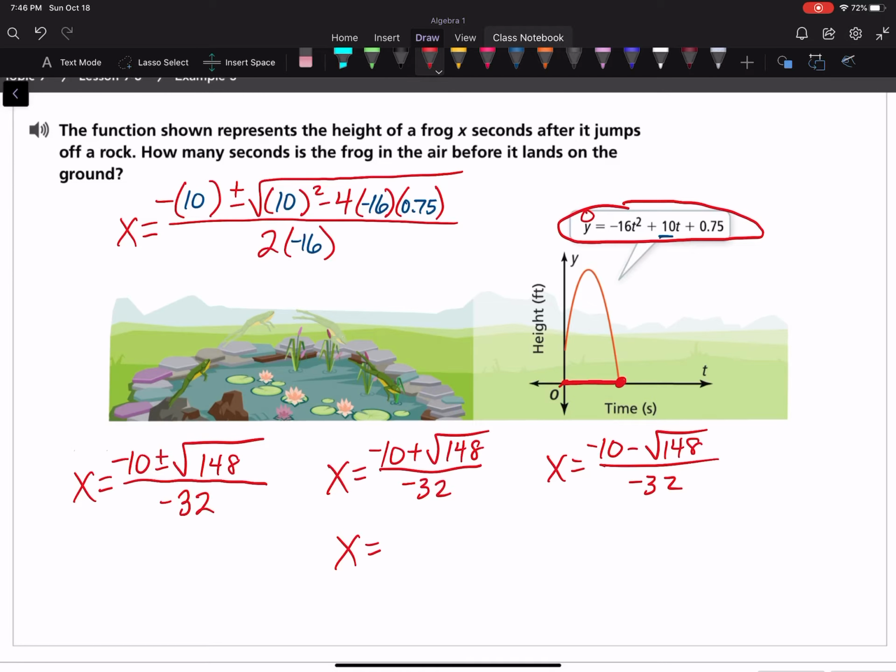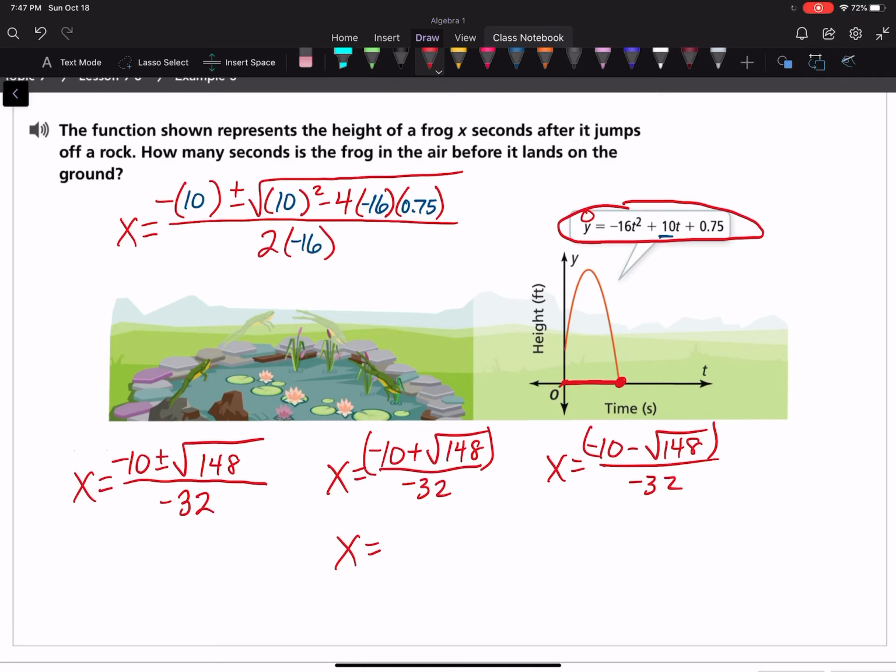So if you put that first one in the calculator, -10 plus the square root of 148 divided by -32, you need to make sure you put the top in parentheses. Otherwise, your calculator is going to mess you up. Okay? And what do I mean by that? I mean up here, you need to put the top in parentheses and then divide by -32.